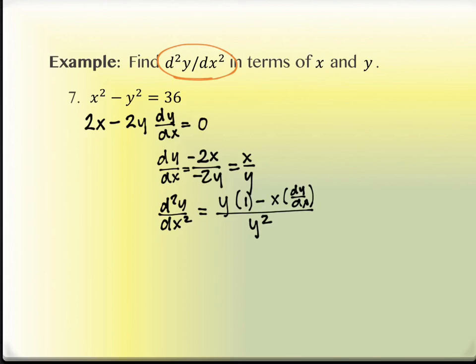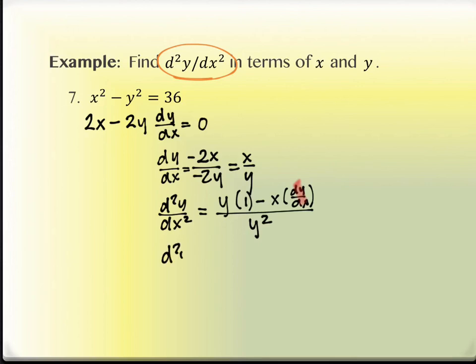What I want you to understand is that you don't get to leave it like this. It has dy/dx in it, right? Y'all see it here. But what is dy/dx? It's x over y. So you have to evaluate that back in for what it actually equals.